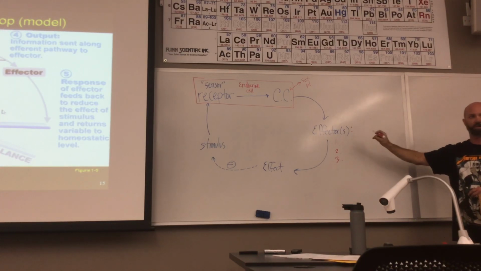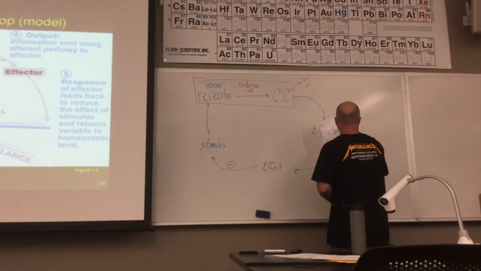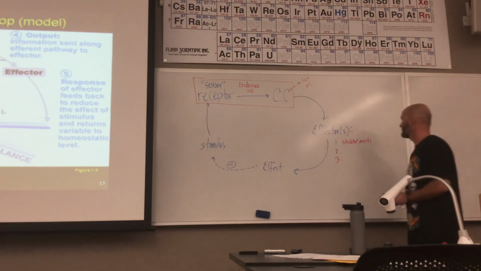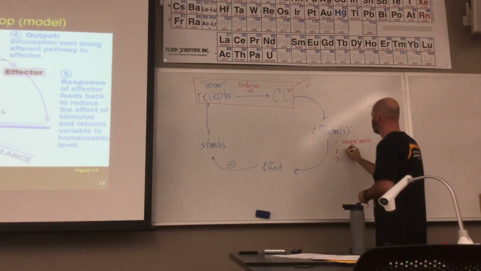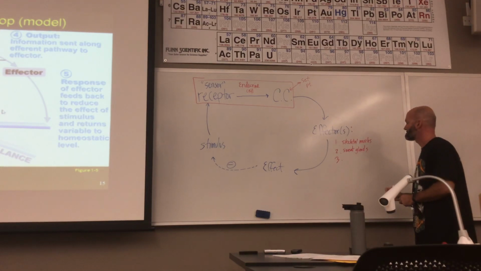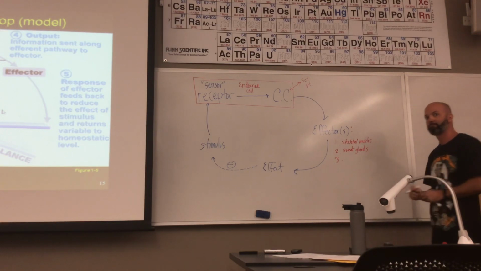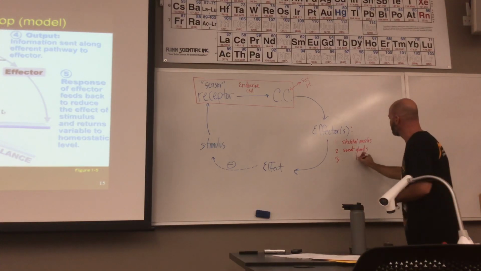Just skeletal, not smooth, not cardiac. Sweat glands. Blood vessels. Oh, I'm glad you put it that way. Blood vessels, you would get half credit.